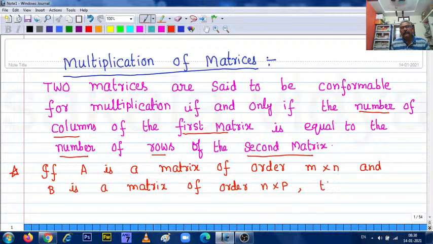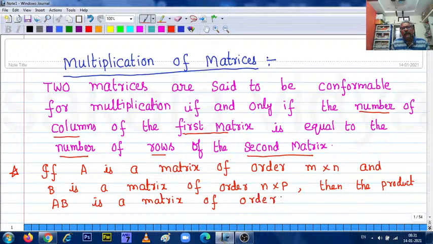Then the product AB is also a matrix, of order m by p, because the number of columns n of the first matrix A equals the number of rows of the second matrix B, so AB is defined.